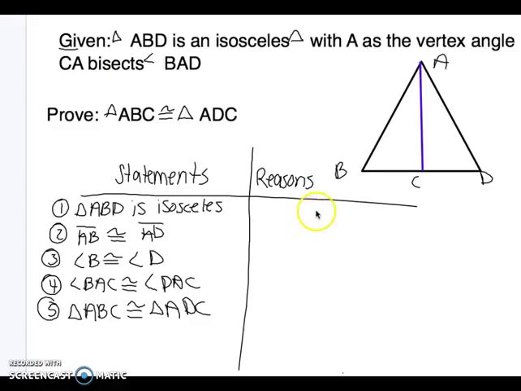So in this case right here, we're given triangle ABD is an isosceles triangle with A as the vertex angle, and then also CA bisects angle BAD. So once I'm told that something is isosceles, we know legs are congruent, base angles are congruent.